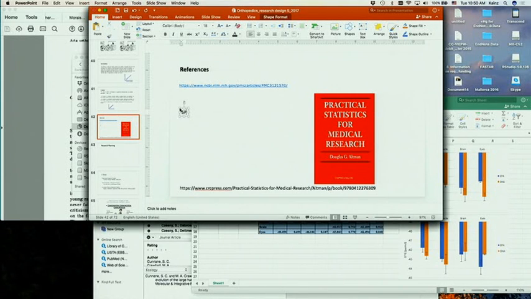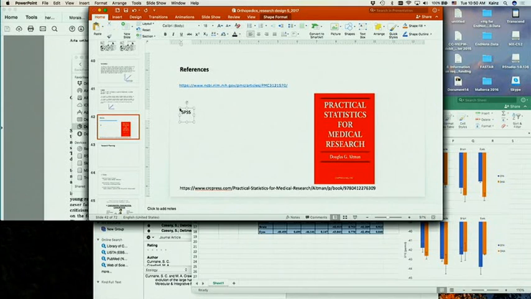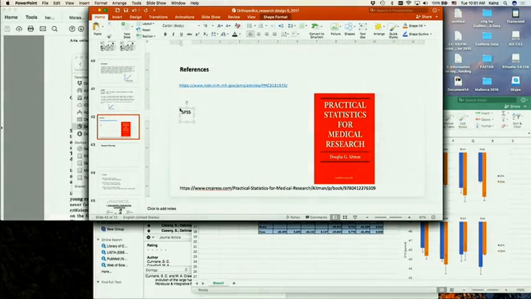So this is called SPSS. This is one of the best programs. Then there's also one that is called Statistica.